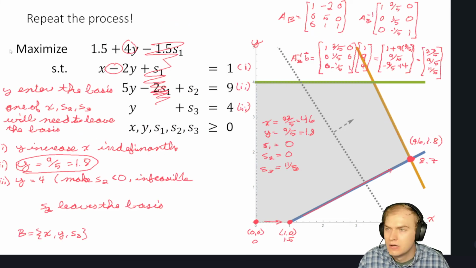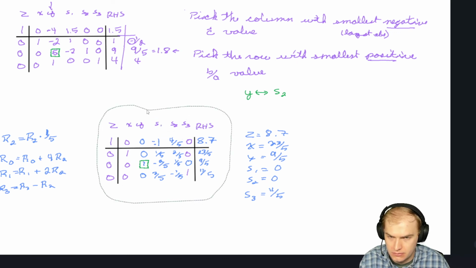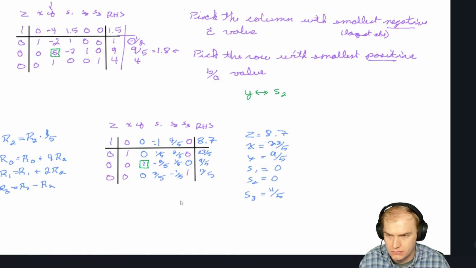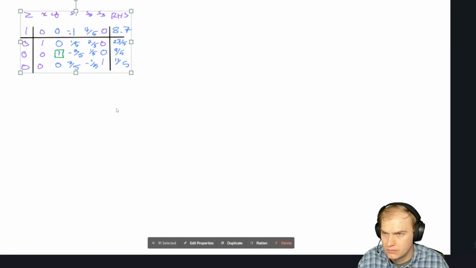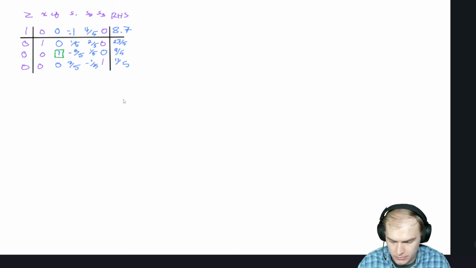Now, I think I have time to do one more, except it's going to be pretty messy because we've got a bunch of fifths floating around. But we can at least set it up. And actually, it will be more time effective if I replace these with blue.